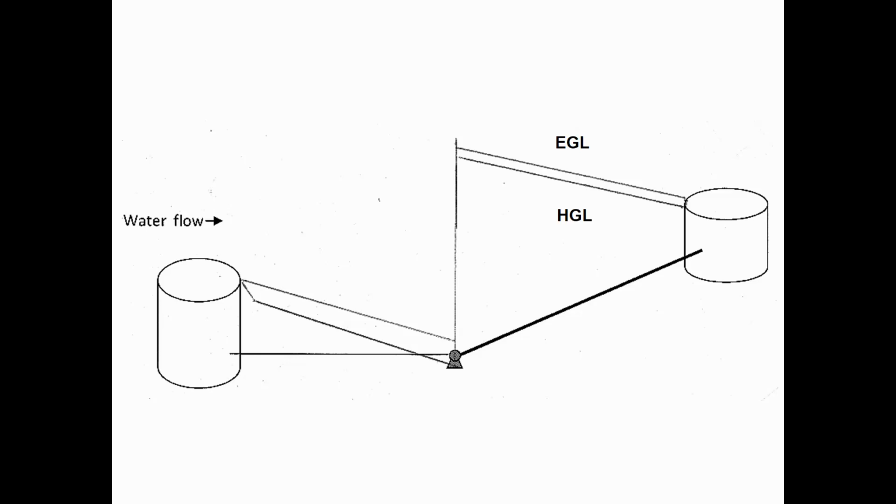So what we have is a small pipe and a large pipe. So first of all, looking at the diameters, that means that you're going to have steeper EGL and HGL on the left compared to on the right. That slope is going to be shallower. Likewise, the gap distance between the HGL and the EGL is larger on the first pipe section than on the second.